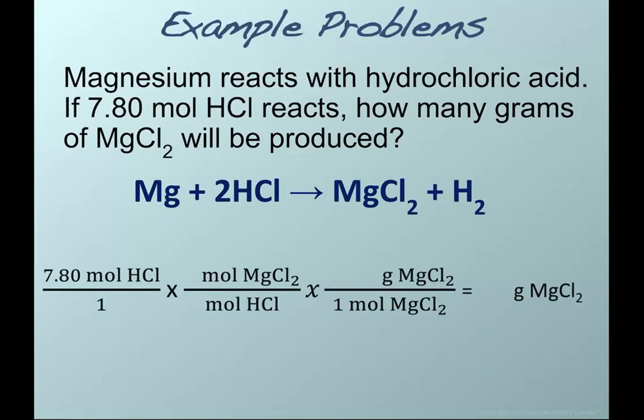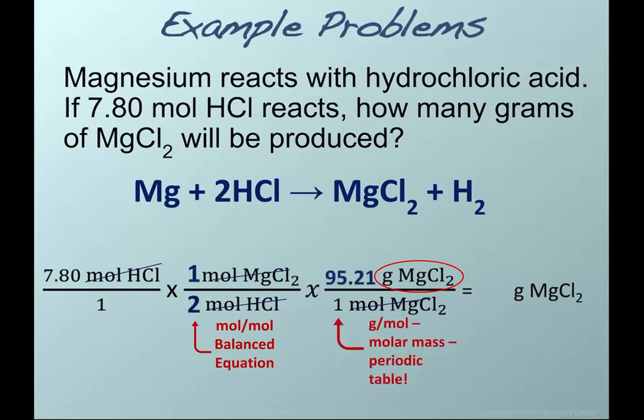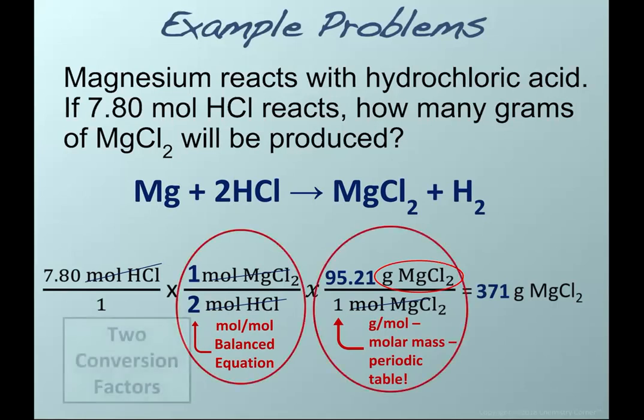We put moles over moles, then moles and grams, put in what we know from the balanced equation, put in the grams from the periodic table, do the problem on your calculator, and you should get 371 grams of magnesium chloride. Okay, there were 2 conversion factors here. This was different than the one that we did first.